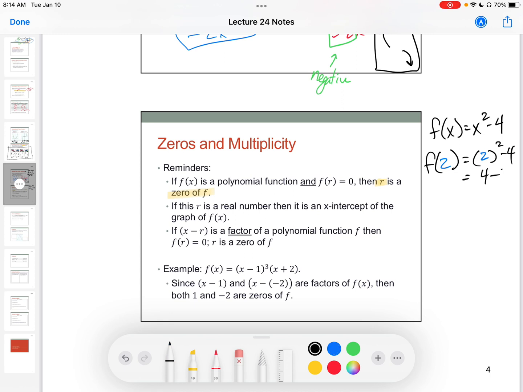Well, that would give me 4 minus 4, which equals 0. So f of 2 equals 0. That means that 2 is a 0.